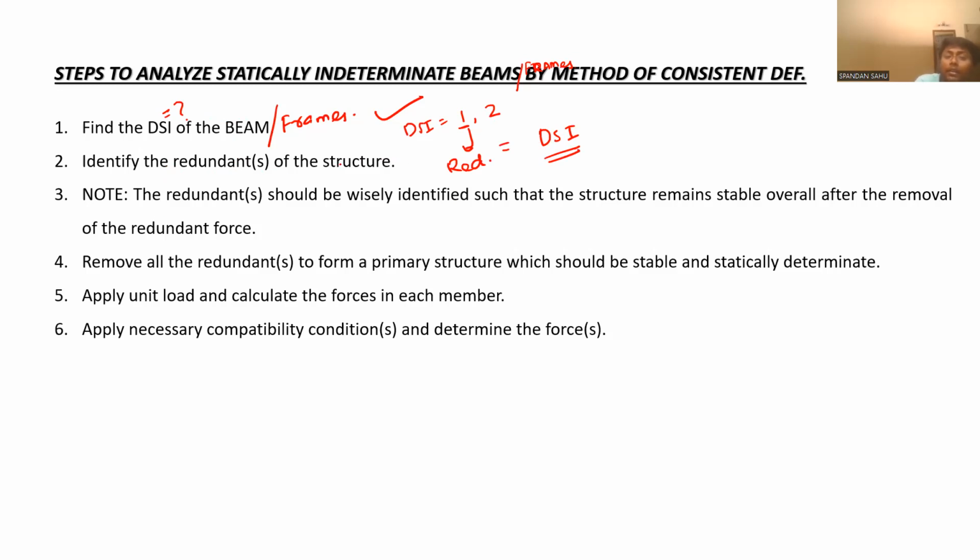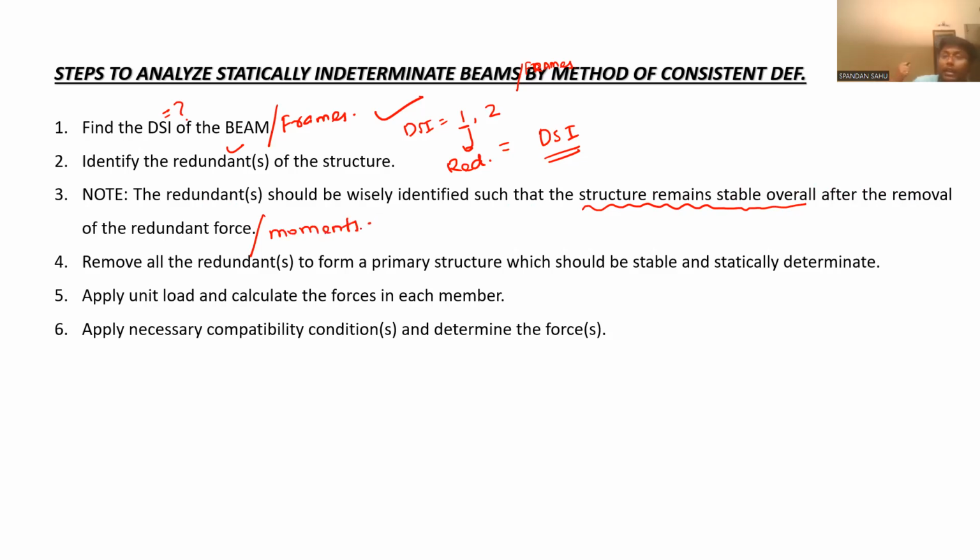After you have identified the DSI of the structure and you thought that this force or this moment I will pick as redundant, make sure that the redundant you chose are such that the overall structure remains stable after removal of the redundant forces or moments, if applicable.